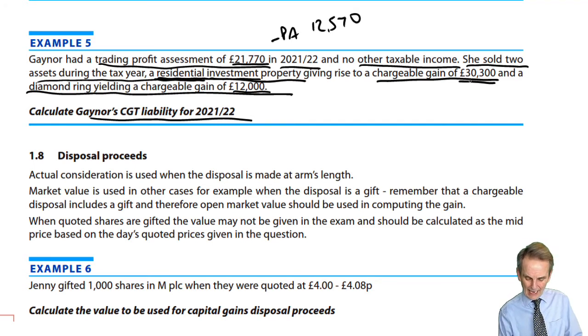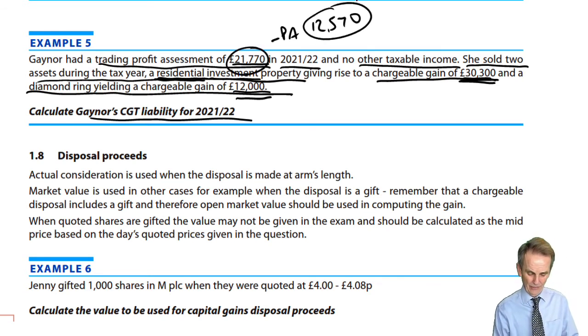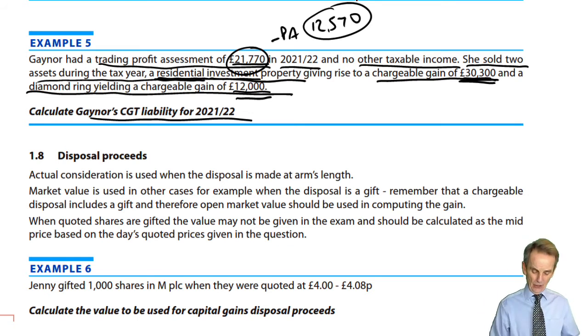But we've got gains of 30,300 and 12,000, even though our taxable income is very low, 21,770 minus 12,570 there. We will still see that the combination of those two gains, the total taxable gains, will use up the remainder of the basic rate band limit that is available to us. And some of it will then go into the higher rates.